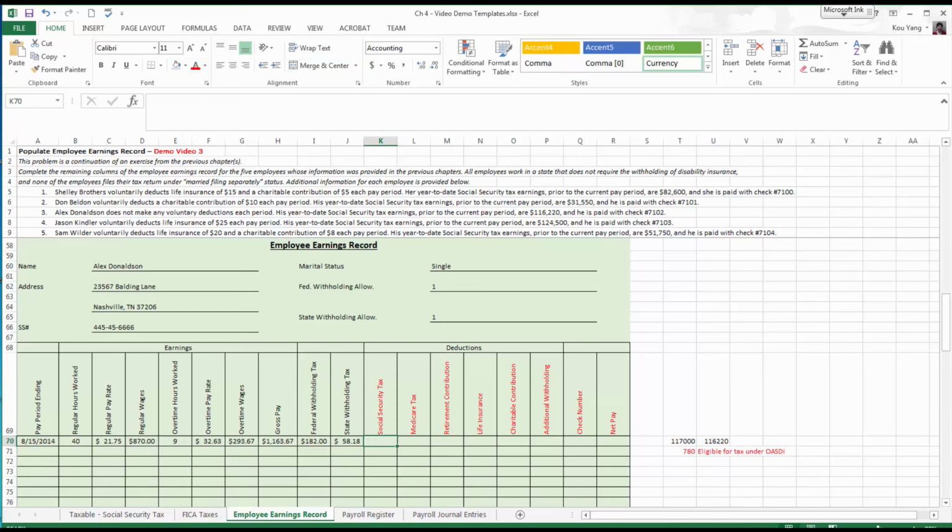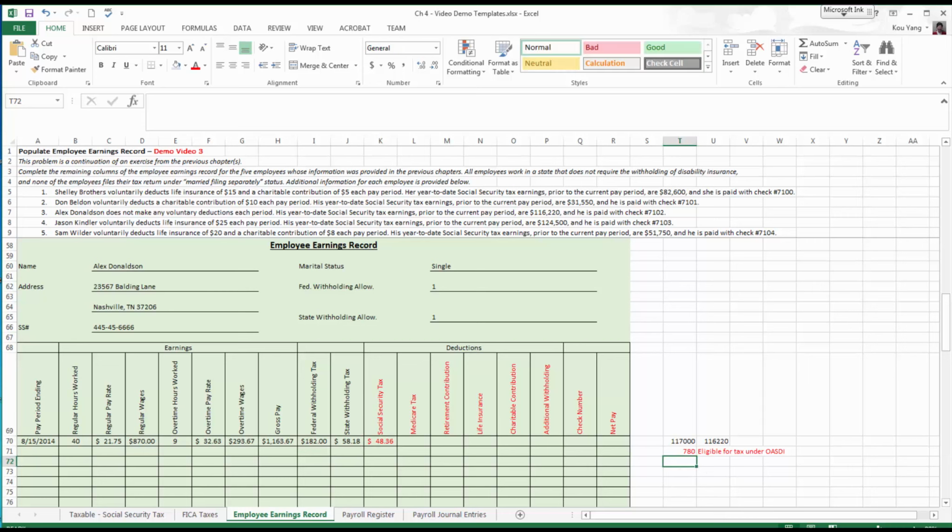Okay, and then of course the next pay period, he would be no longer obligated to pay any Social Security tax or OASDI tax. So I'm going to round this 780 times 0.062 to 2 decimal places to get a Social Security tax of $48.36.